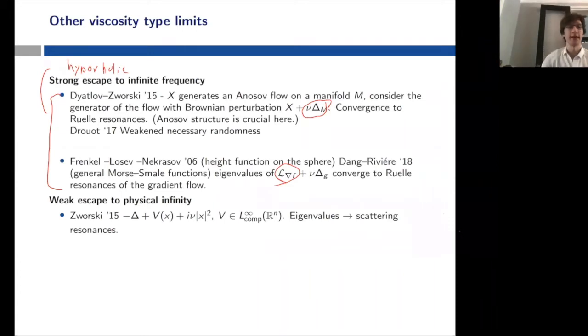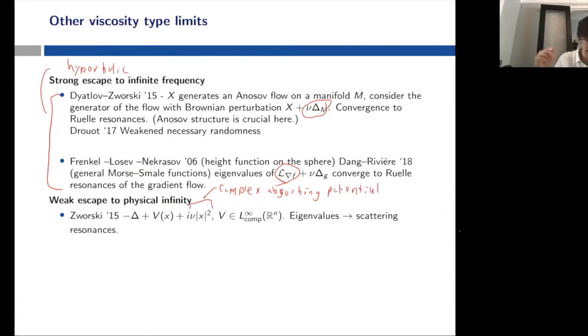So he looks at scattering by a fixed compactly supported real valued potential, and adds in this complex absorbing potential, right? So now you should think that this is a complex absorbing potential. This is a method people use to calculate resonances in quantum chemistry.